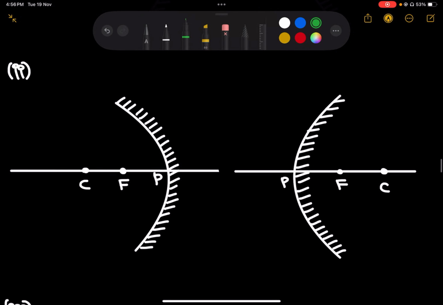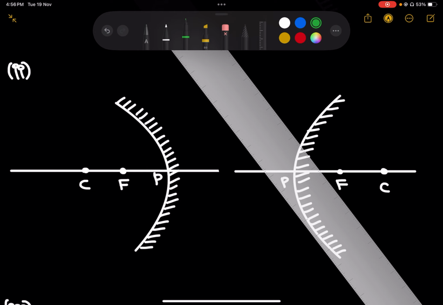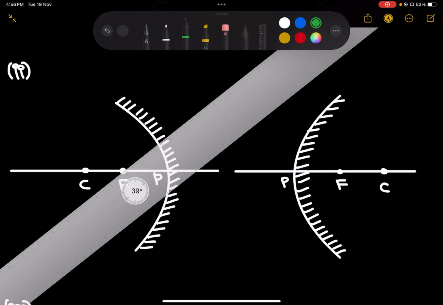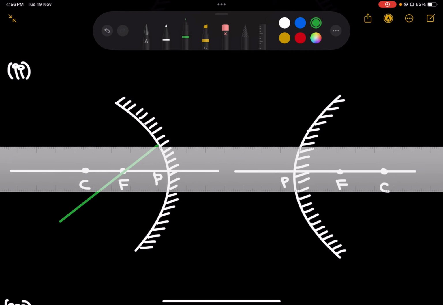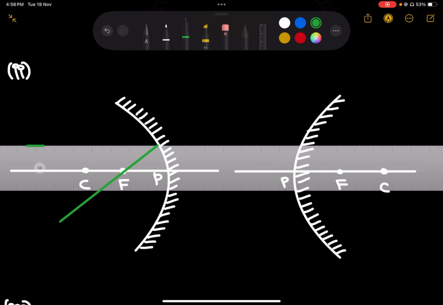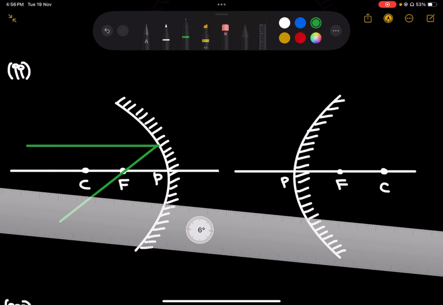Now the second rule says it's the exact opposite of the first rule. It says that if a light ray passes through the focus, or it is thrown at the mirror after passing through the focus, it will reflect back parallel to the principal axis. Okay.